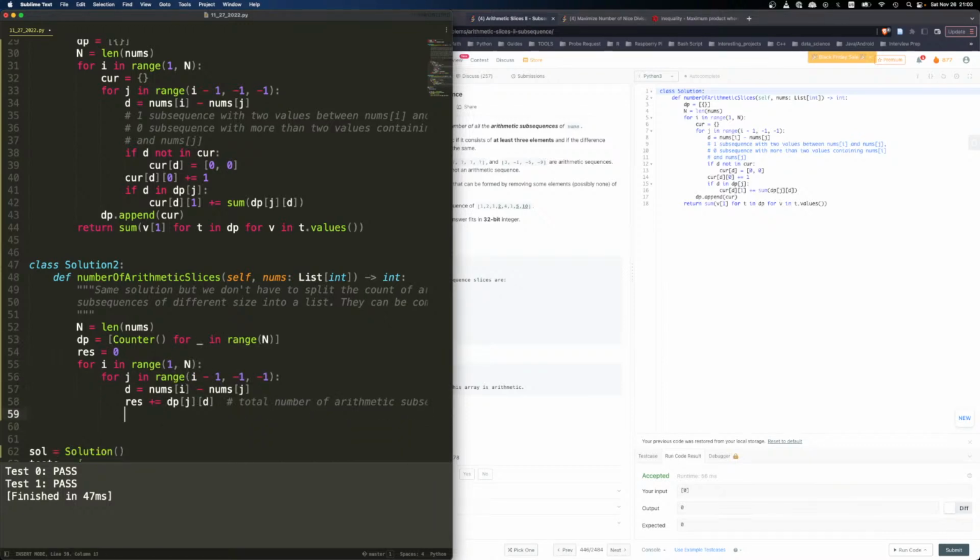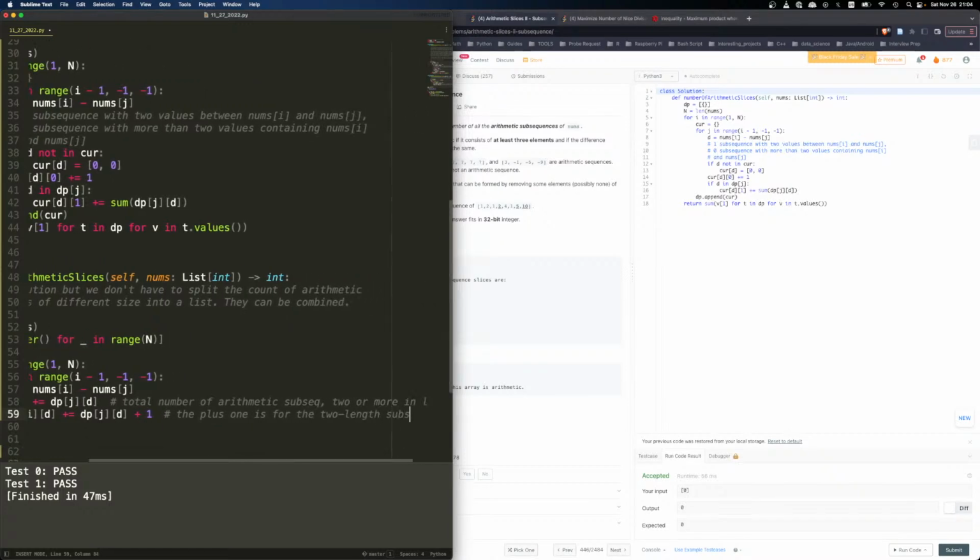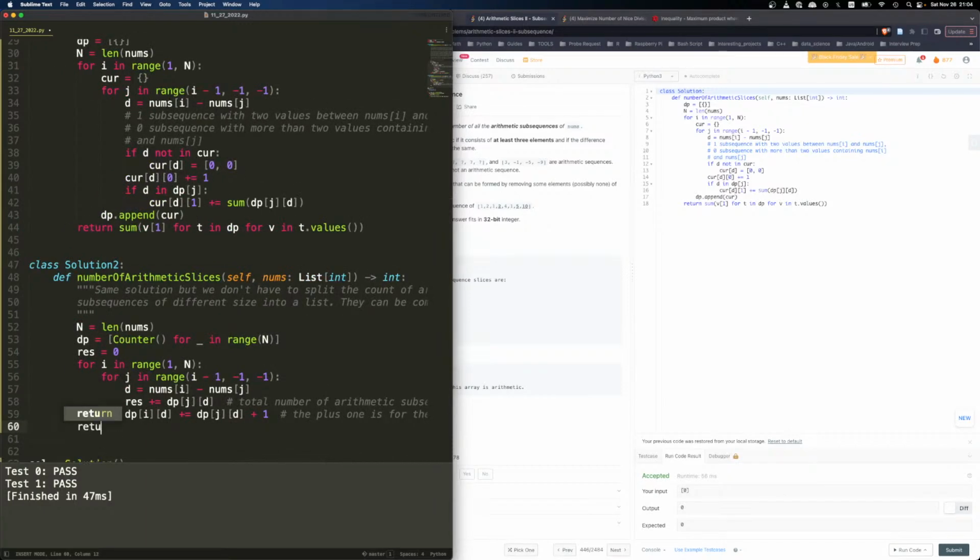Then I can say dp[i][d] plus equals dp[j][d], which is the total, because everything works, but then I have to add one more, the plus 1, and the plus 1 is for the length 2 subsequence, right? And then we return res.